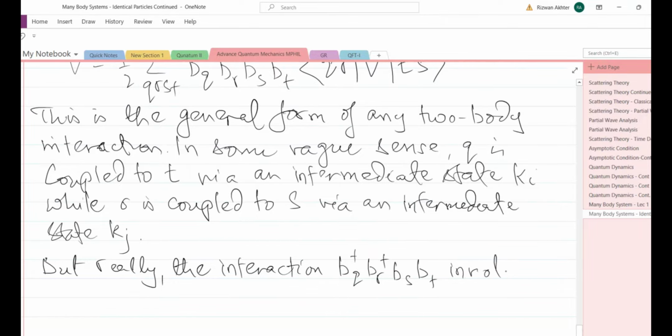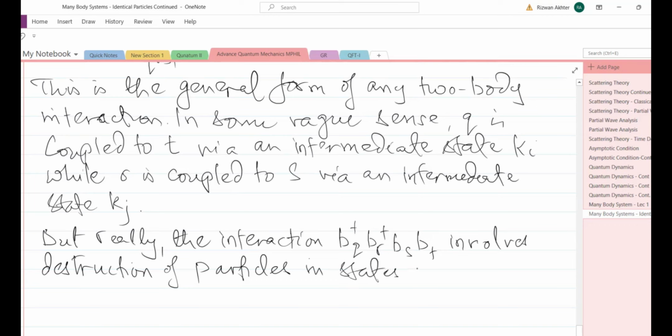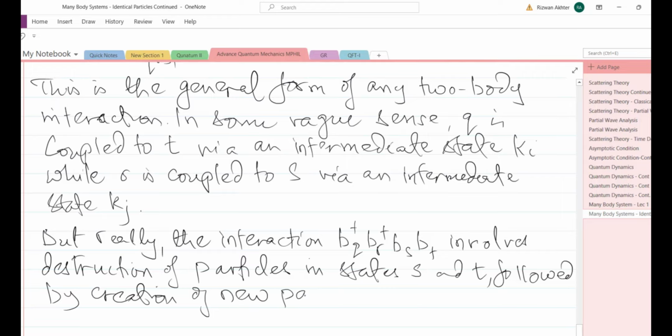It involves the destruction of particles in state S and T, followed by creation of new particles in state Q and R.